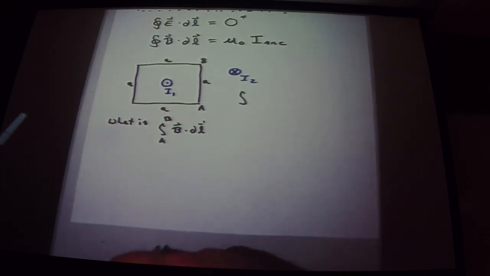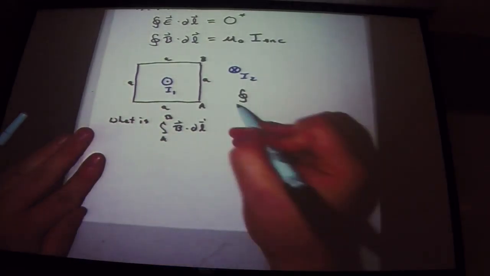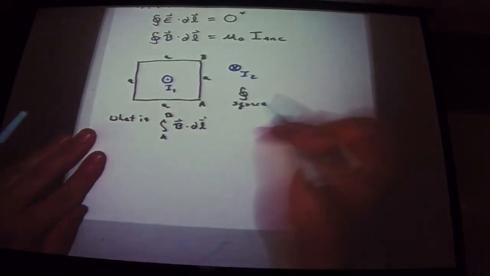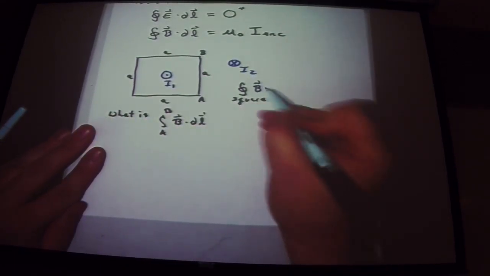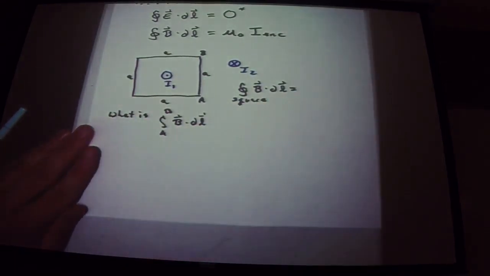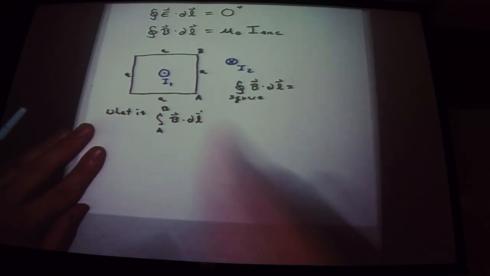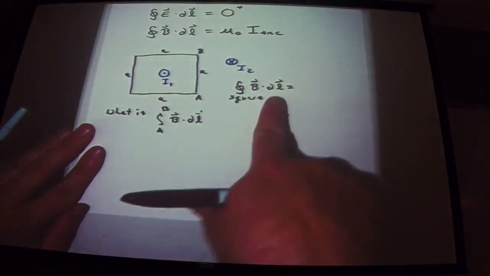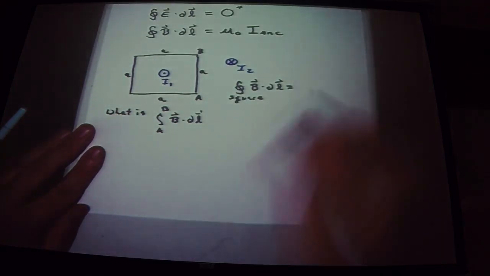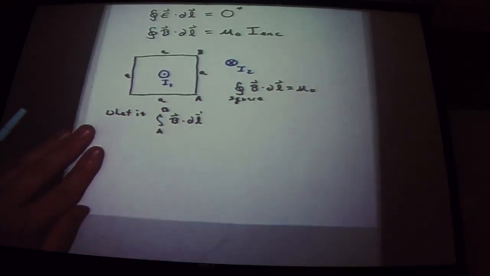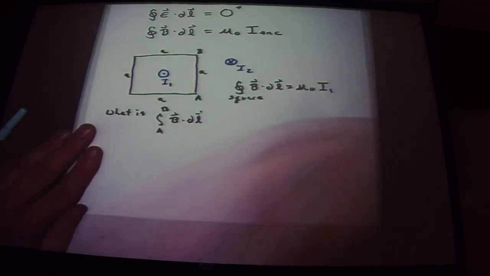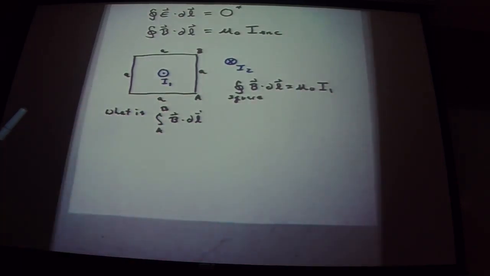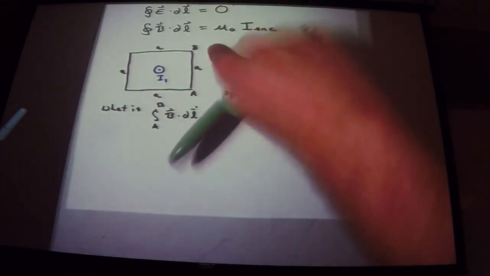Let's exploit some symmetry. I know that the integral around the closed loop of B dot dl is equal to mu naught multiplied by the I enclosed, which is I1. So what would this be?